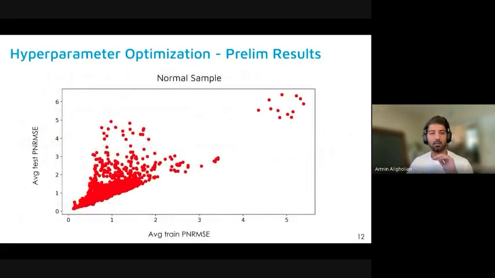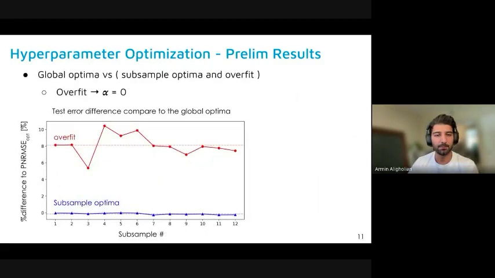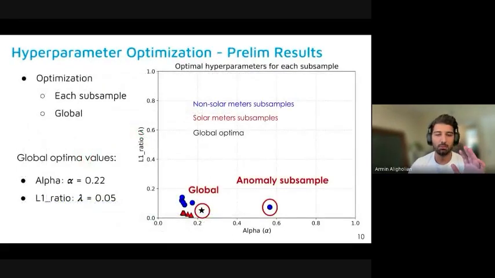So let me go back again real quick. Most of the time here, the subsamples act normal. Although they're random, they act kind of similar to each other, for the non-solar meters and solar meters. They're so close. But one of them was acting weird, and I saw that in the tester before, but I kind of ignored it.